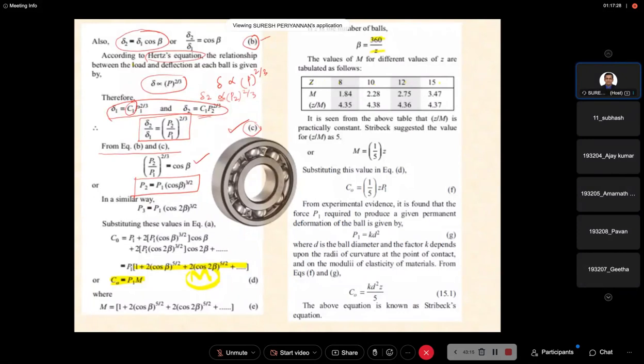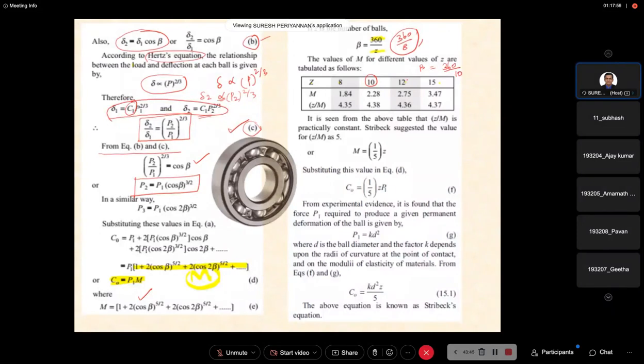Now for these numbers of balls I get the m value. First I am taking 8, so beta is 360 divided by 8, and I substitute this beta in the equation. In the second case, number of balls 10, beta is equal to 360 by 10.